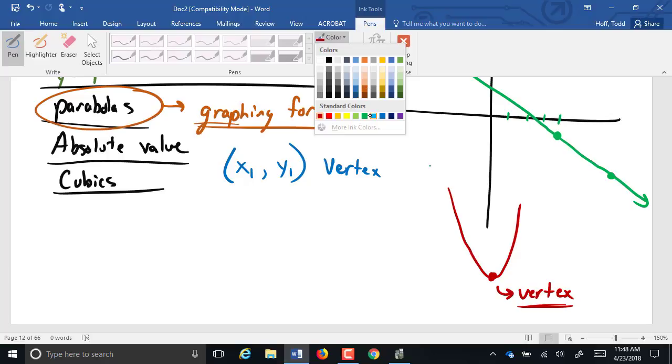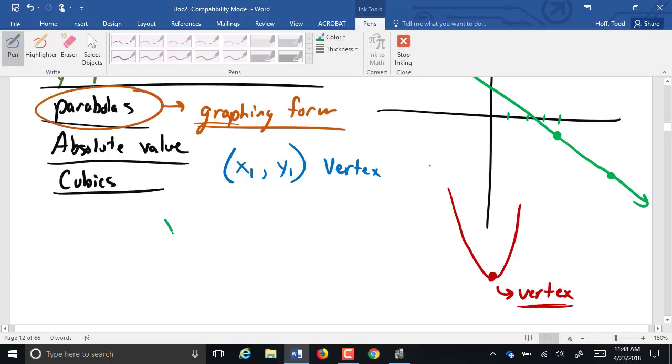So the graphing form of a parabola is y minus y1 equals, now I'm not going to call it slope here, I'm going to just use the letter A, which is not the eccentricity, but it's related to it.